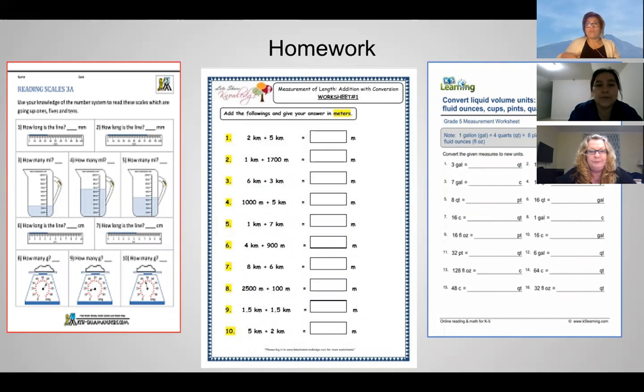And this is some of the homework that we will give them so they can continue understanding, and the next day they can bring it in and show it to us, and we can see which questions they left blank. That will show us if we need to review the conversions again, so they can understand it and be ready when there's a test.